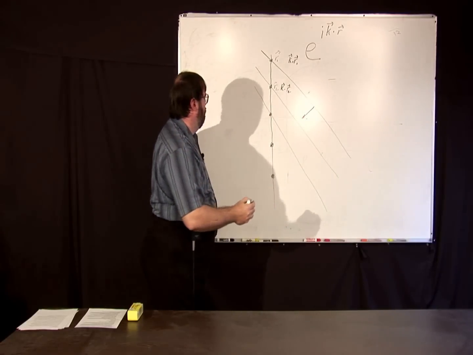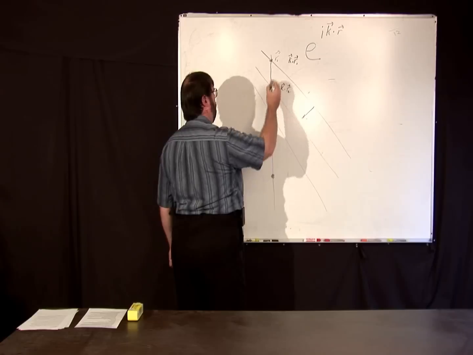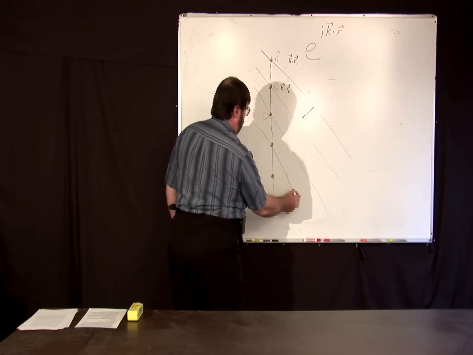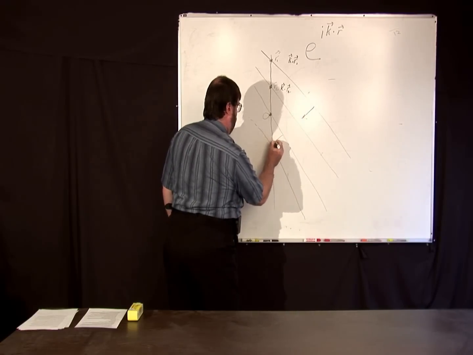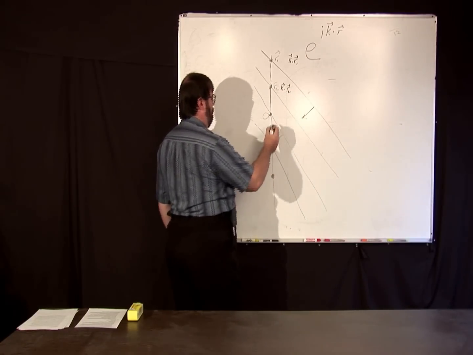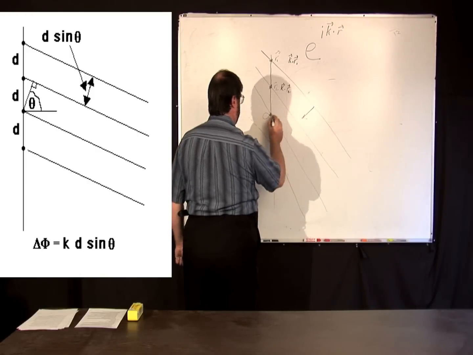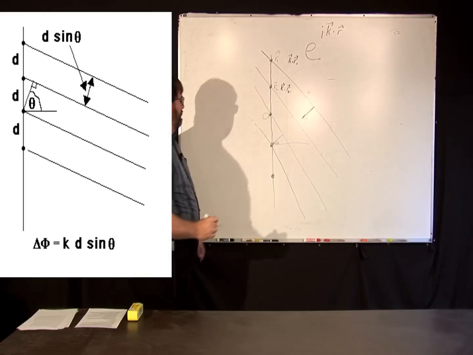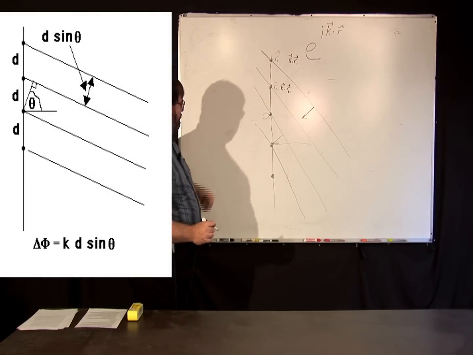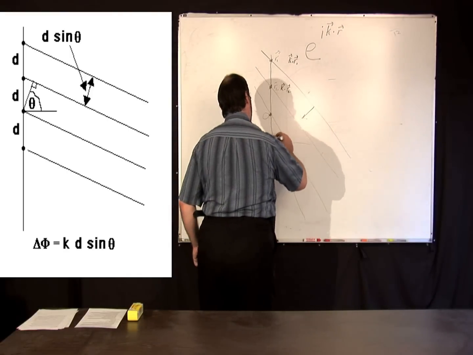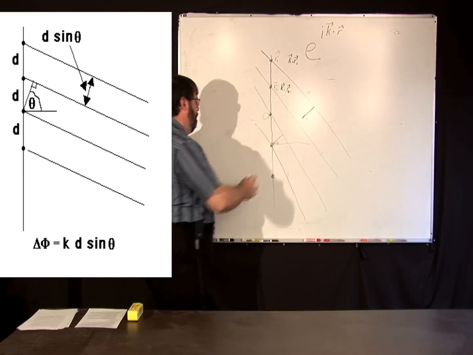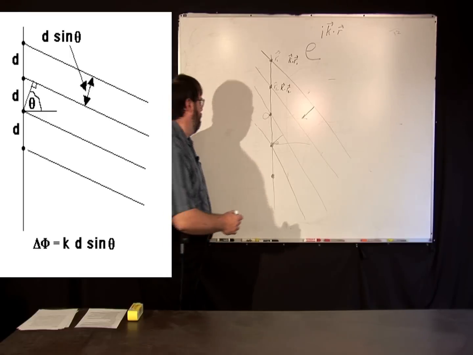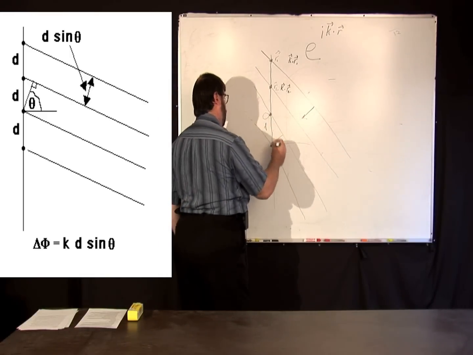You may have seen another derivation where, if the phase here is arbitrarily called 0, and the wave's propagating this way, and you call this angle here theta, you can see that the spacing is d.